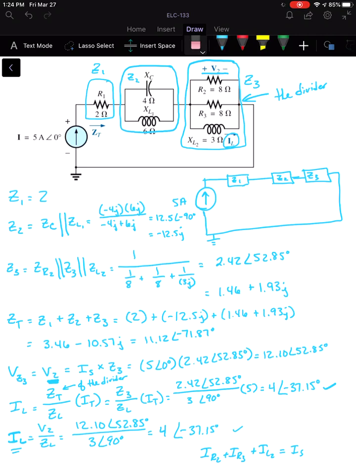So feel free to work through any of these, because you can check your own answers at this point, because you know that the currents would have to add up. So the current through the capacitor here and the current through this inductor would have to add up to 5 as well. If you found your voltage drop here, here, and we already know this voltage drop, those should add up to the total. We didn't find the total voltage drop, but VT would just be ZT times your source current.